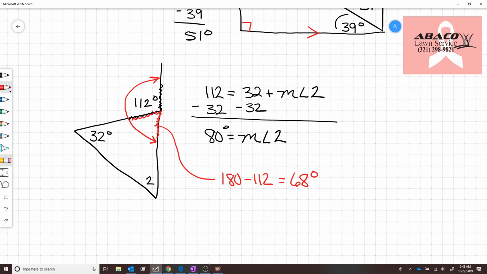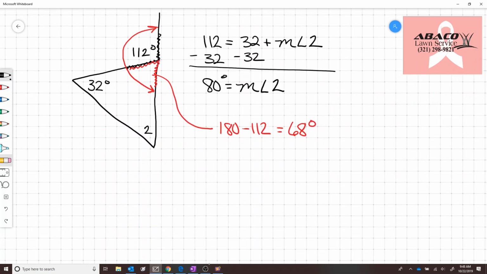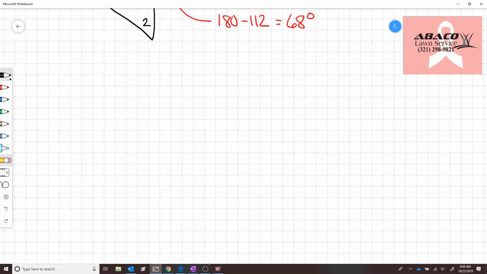Everybody okay with that? Anybody have any questions on finding missing interior or exterior angle measures based on those two rules? All three of the angles inside of a triangle have to sum to 180, whether you're given them as expressions or as whole numbers. You've got some problems today that look like this. Just watch for a second, don't write this down.